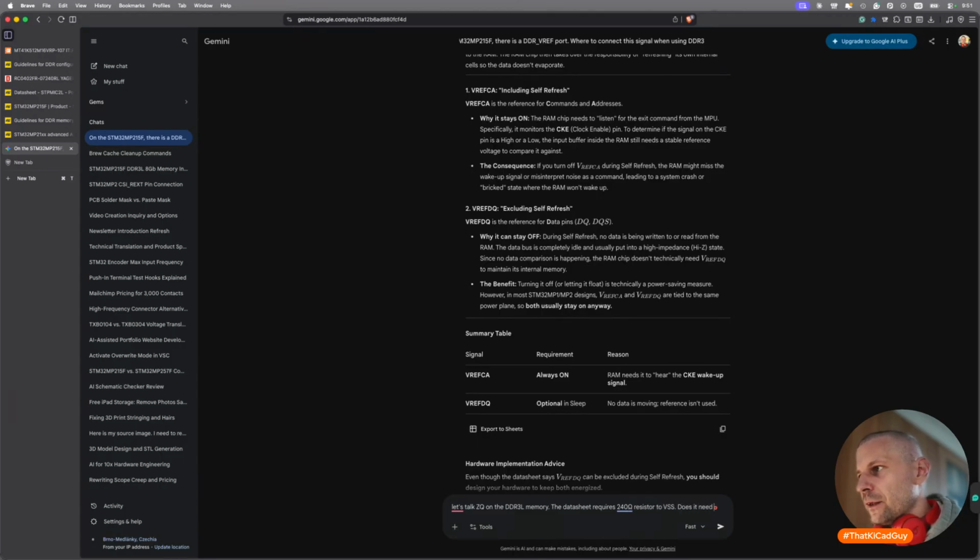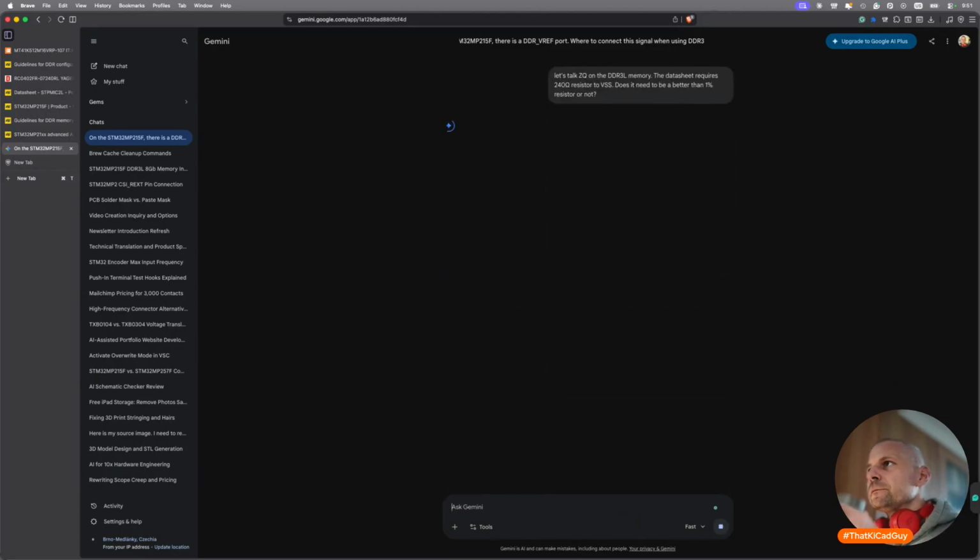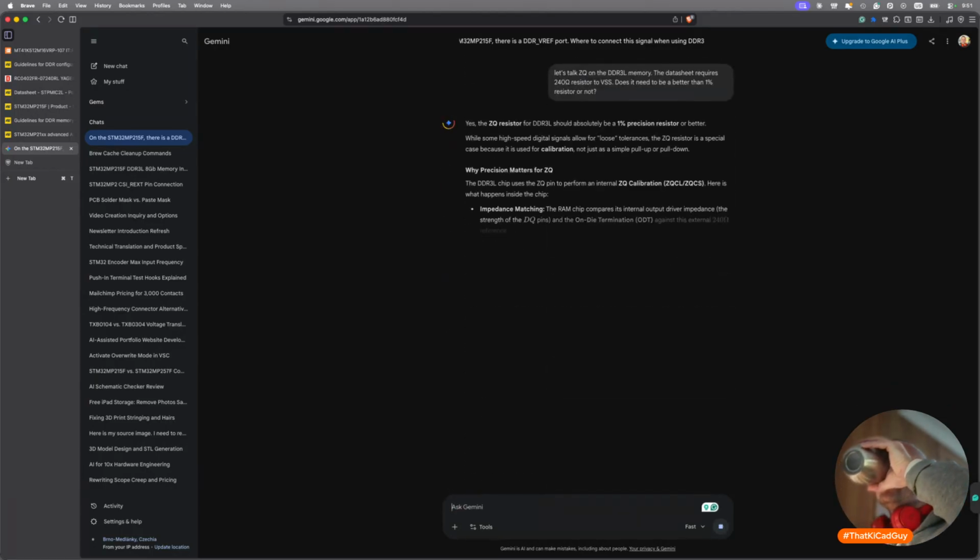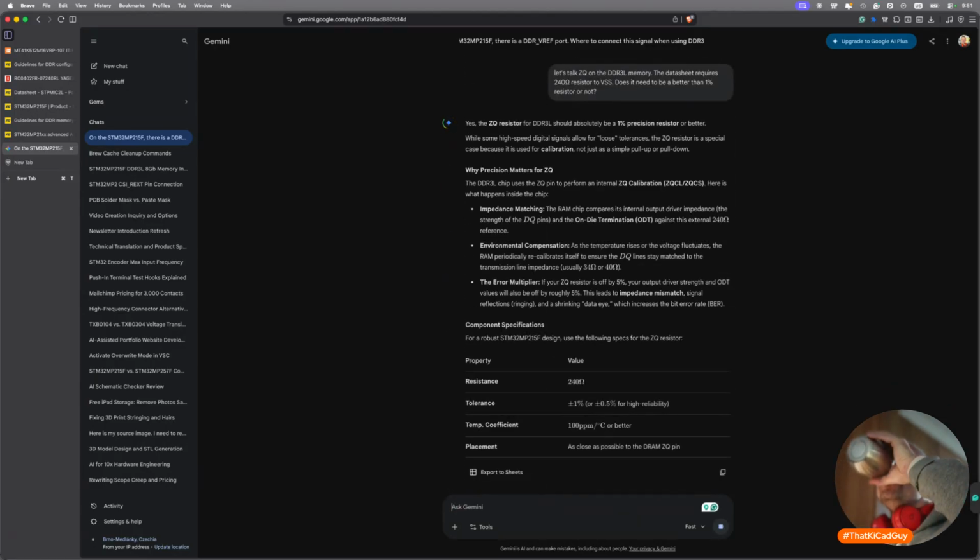Does it need to be better than a 1% resistor or not? 1% or better. Okay.